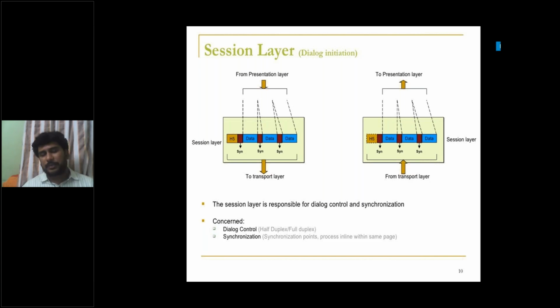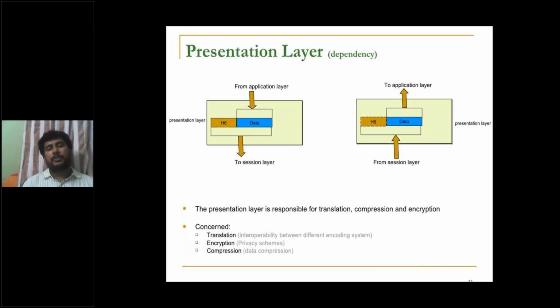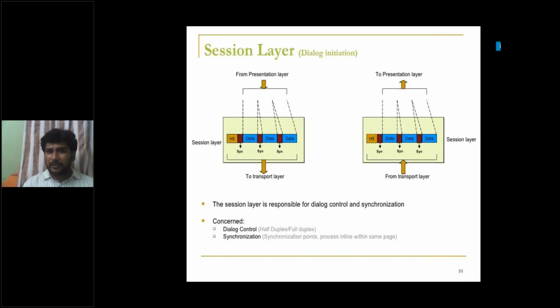At the same time, creating a synchronization between the sender and receiver, when to send, will be performed by the session layer. We have heard that a protocol has three functions called syntax, semantics, and timing, and the session layer is concerned with the timing function.